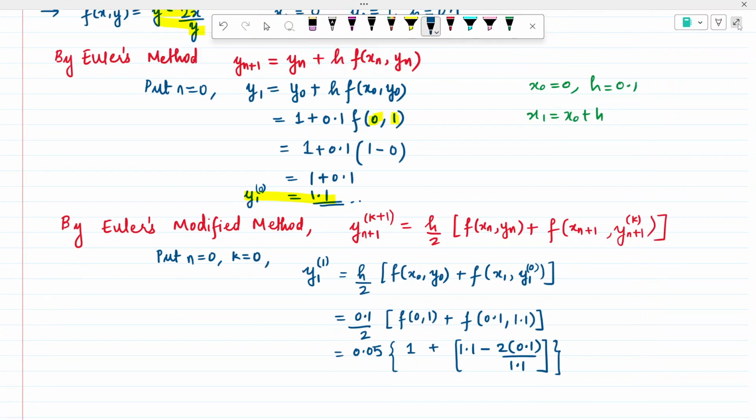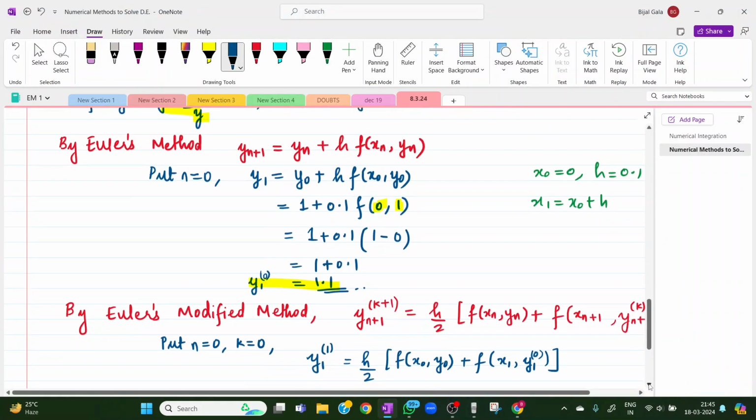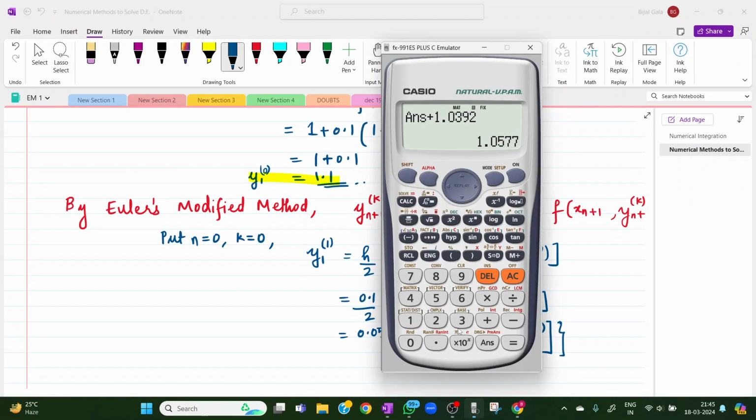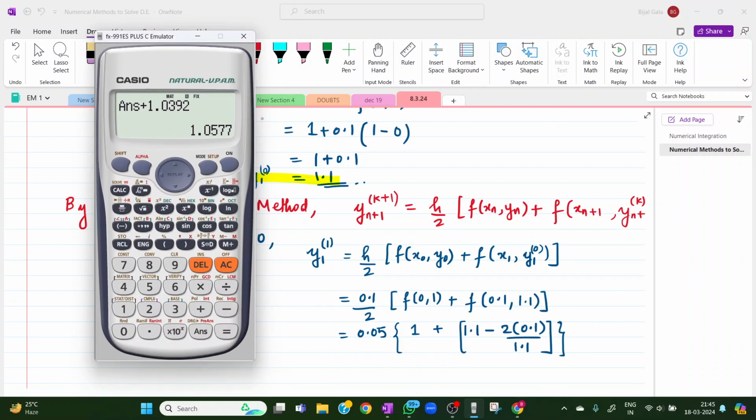Okay, I cannot expand the screen. If I expand the calculator vanishes. Fine. Let's use a calculator here. I have 0.05 and then a bracket 1 plus again another bracket 1.1 minus I have a fraction.